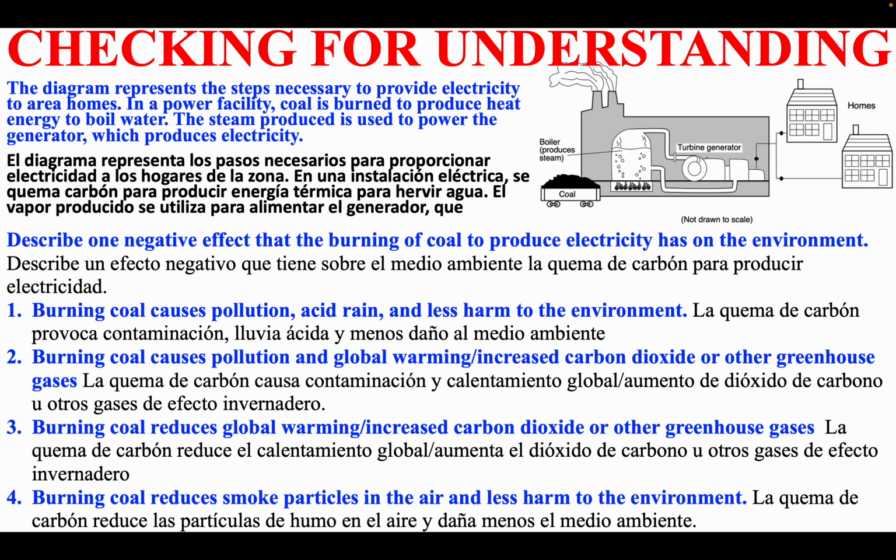3. Burning coal reduces global warming, increased carbon dioxide or other greenhouse gases. 4. Burning coal reduces smoke particles in the air and less harm to the environment. And the correct answer is, it says, describe one negative effect that the burning of coal to produce electricity has on the environment.